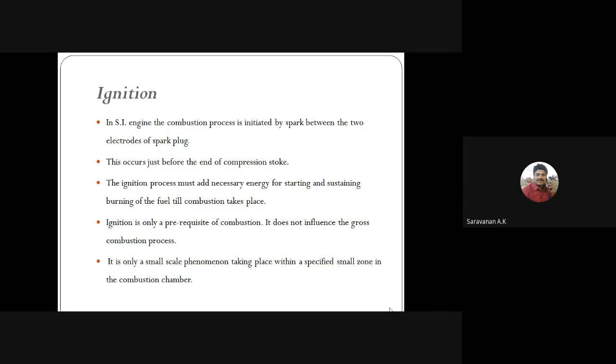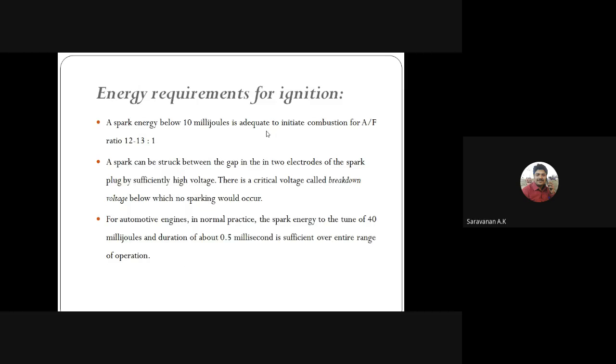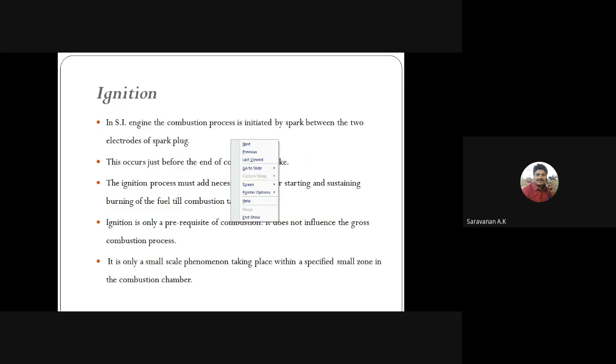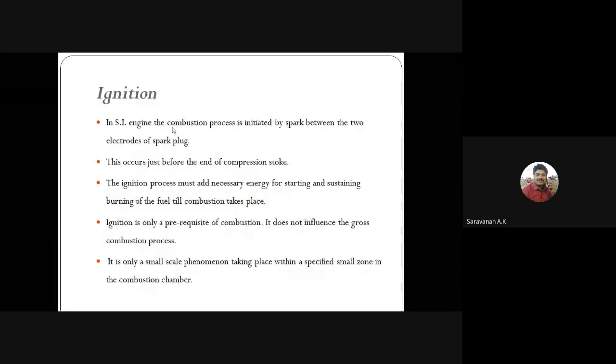So what is ignition? We have to initiate a spark, that is, we have to start the combustion. How do we start combustion? We initiate a spark in the spark plug.